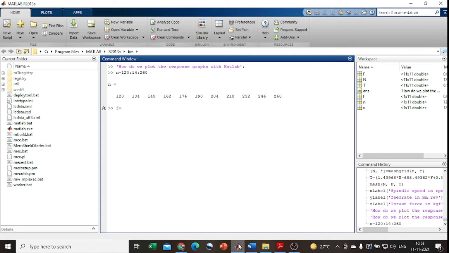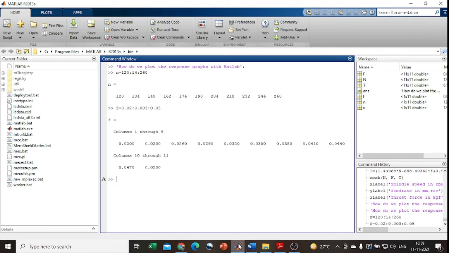Similarly, I can give the lower value and upper value for feed rate also. 0.02 is the minimum value, the uniform interval identified through the calculator is 0.003, and the maximum feed rate is 0.05. From this I get 11 feed rate values with the Matlab software.